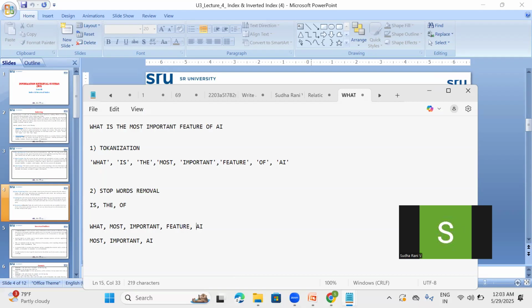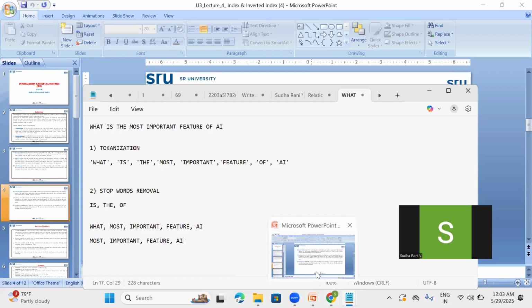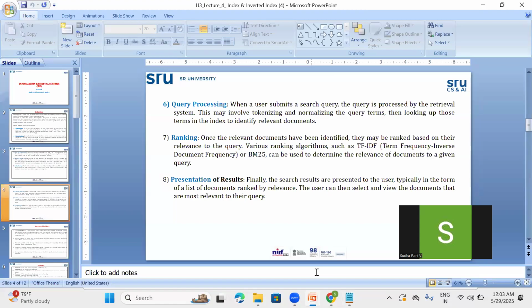So the most important things we got for searching are most, important, feature, AI. These keywords are taken and indexed by using data structures, and then the searching will be made easy for search engines. Next, ranking.